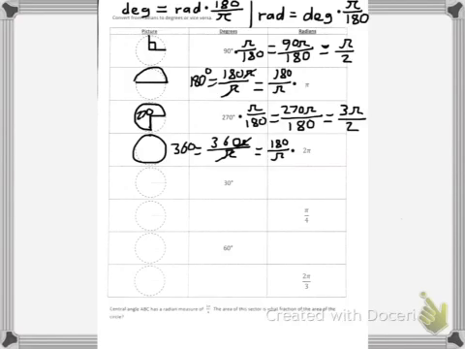All right, on our next one, 30 degrees. All right, we know that a 30-degree angle probably looks something like that right there. So we want to figure out how much is this one in terms of radians. All right, when we do that, we're going to multiply once again by pi over 180.